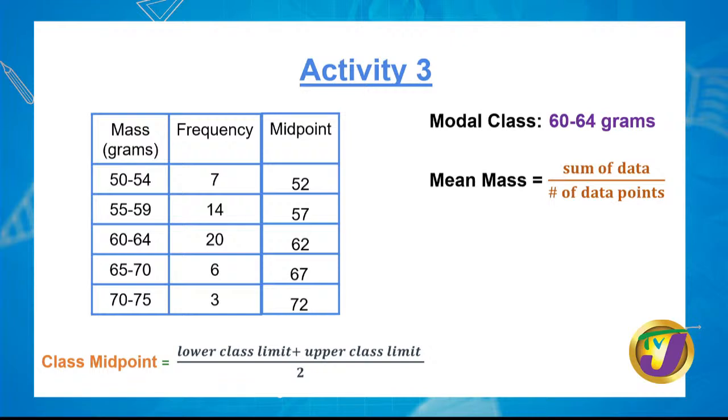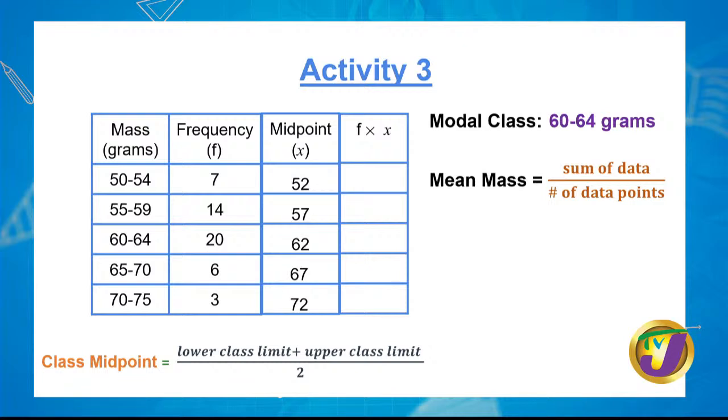Yes, because we are saying each of them is 52, an estimate. 7 times 52 would give us the total for those 7 carrots. Okay, let's organize it a little. I want to call the frequency column F, and we're going to call the midpoint values X. Yes, because that will help us in the discussion.